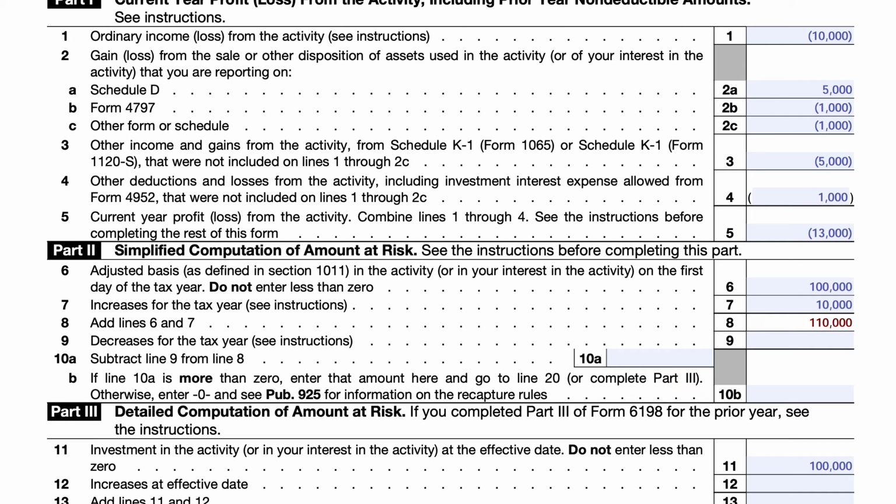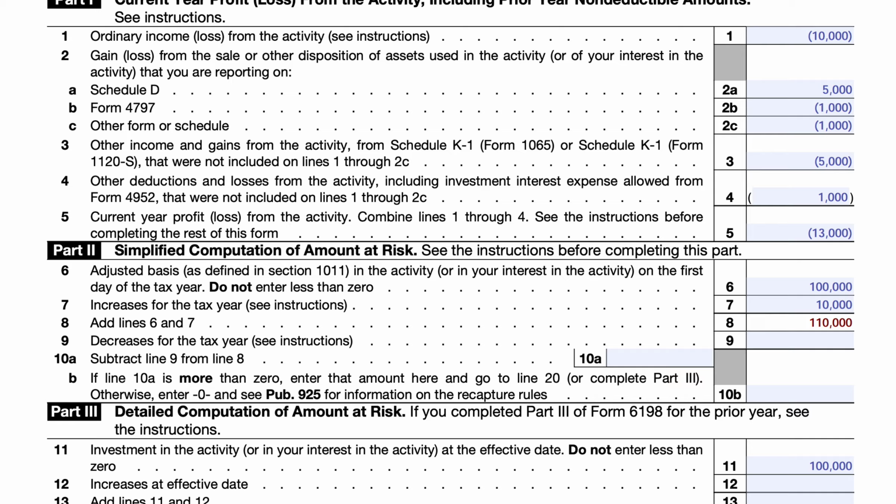Now in line 9, we have to go through decreases. So that includes non-recourse loans or recourse loans that were converted to non-recourse loans. It also includes any cash, property, or borrowed amounts that are protected against loss by a guarantee or stop loss agreement. Any amounts that were borrowed from a person that has an interest in the activity other than as a creditor, or someone who's a related person.